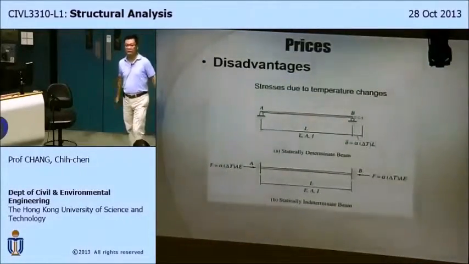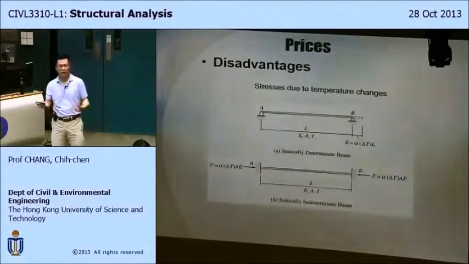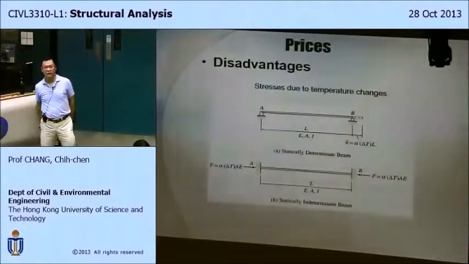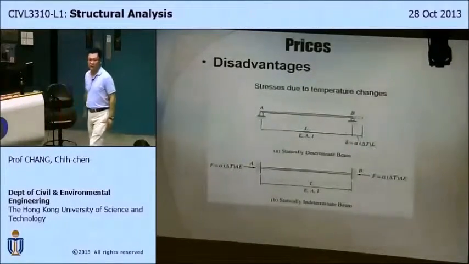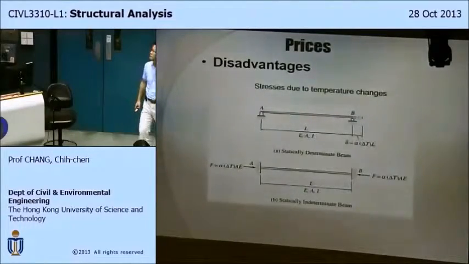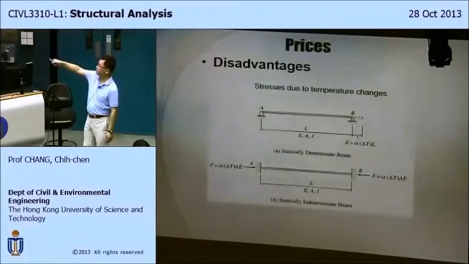And thermal expansions. Everybody knows that for highway bridges, long span bridges, you need to have a thermal expansion joint, because once they expand due to the temperature rise, you're going to see some sort of stress inside your structures, which is not good. For determinate structures, we don't have that problem. It's free to expand, no stress whatsoever.